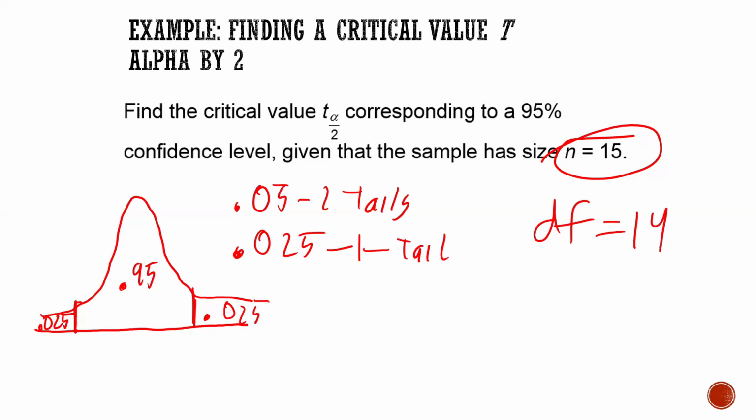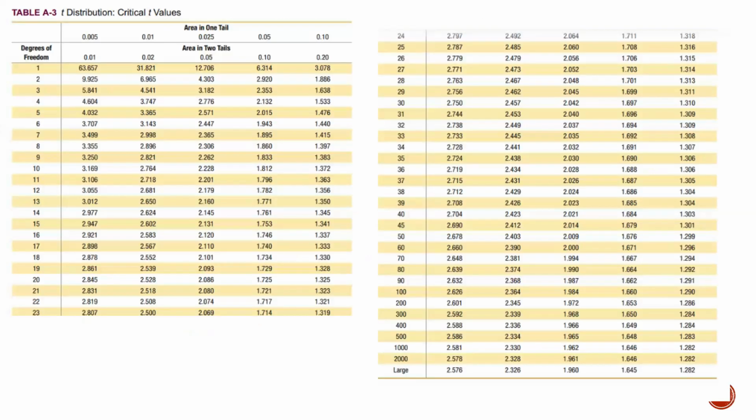So let's turn to our table. See if you can find the number on your own quickly, and then I will help correct you. See if you can find the critical value. So what column do we use?